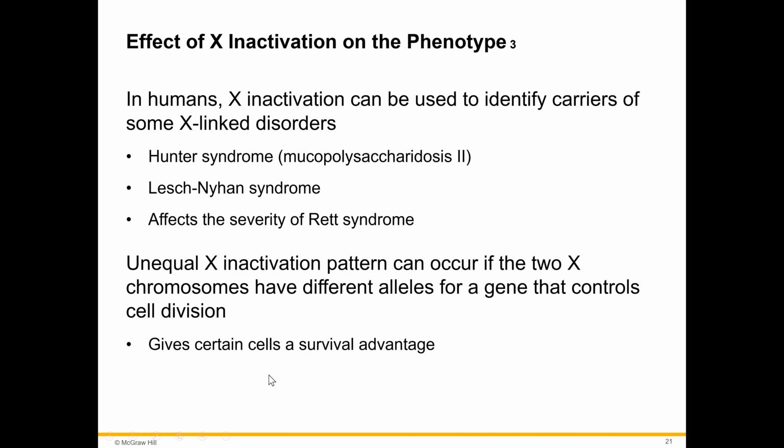An unequal X inactivation pattern can occur if the two X chromosomes have different alleles for a gene that controls cell division. Then it will give an advantage for survival to some cells, and the cells that have this gene survive better. So we will see more cells that originate from the cell that has this gene.